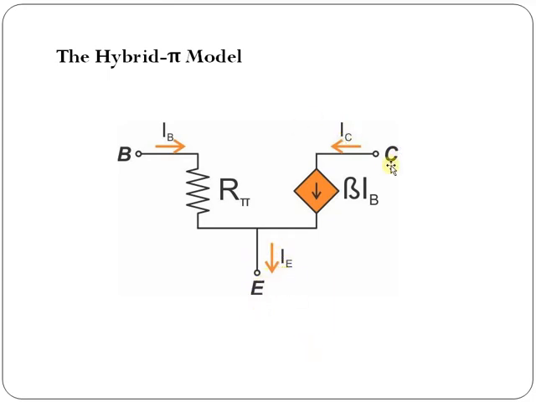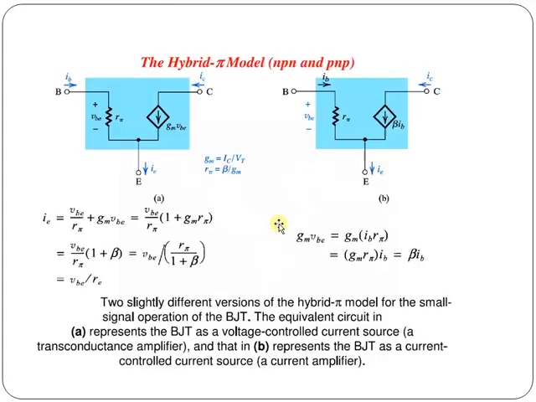Here we have 2 slightly different versions of the hybrid pi model: one which represents the voltage controlled current source, shown in this figure, and the second one is a BJT used as a current controlled current source. The first one is a transconductance amplifier, whereas the second one is a current amplifier. Let us look into each of these separately.